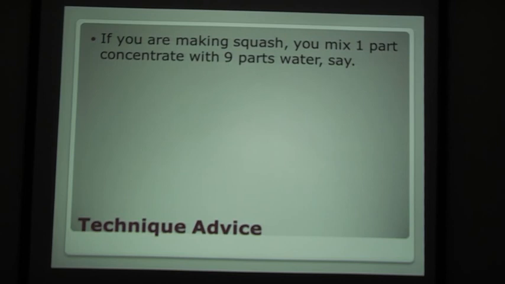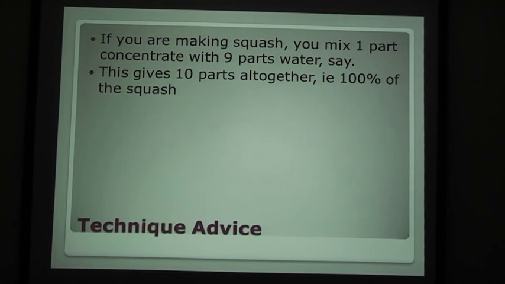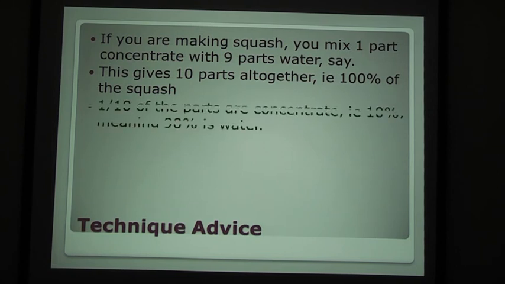If you're making squash, you mix 1 part concentrate with 9 parts water, for example. This will give you 10 parts altogether, which means it's 100% of the squash. So 1/10 of the parts are concentrate, so 10% is concentrate, meaning 90% is water.